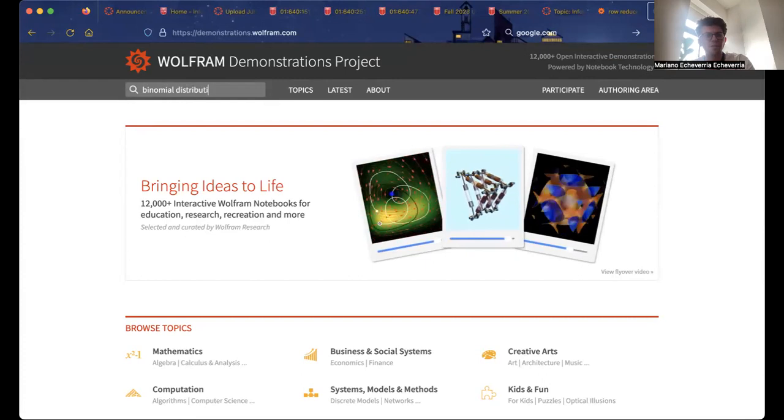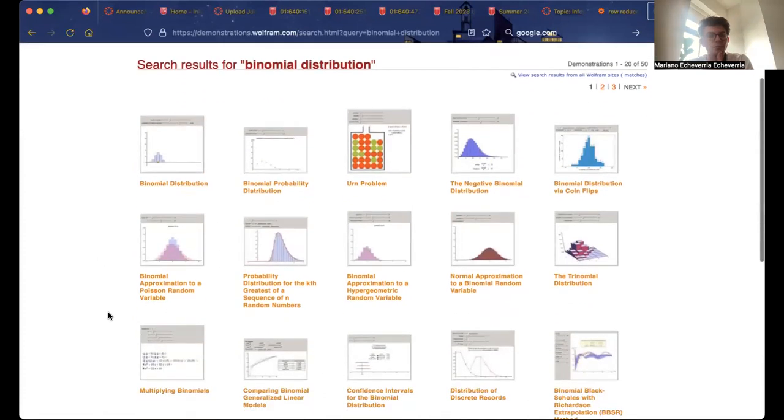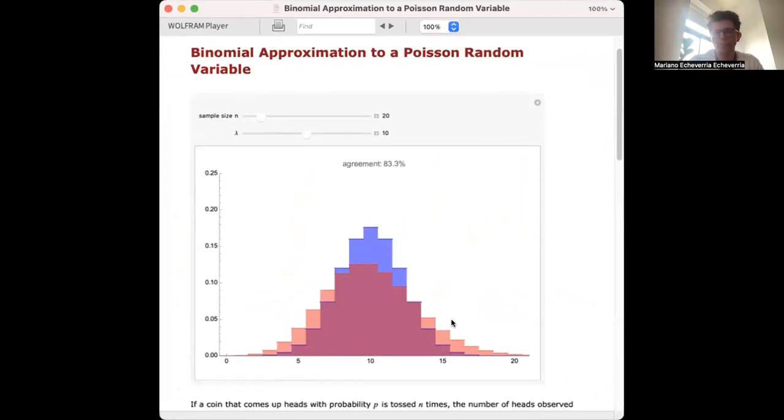So you can enter binomial distribution, and once you click on it, I think there's one that is comparing the binomial distribution to the Poisson random variable. I think I downloaded it here. Let me see if I can open it. I think this one. Here it is. So yeah, you can download it for free, and then you put it on the Wolfram Player.